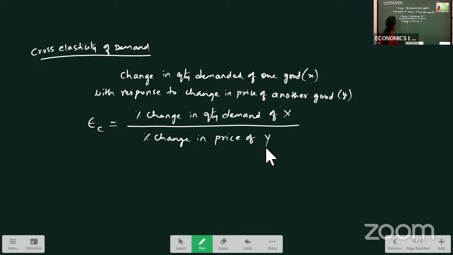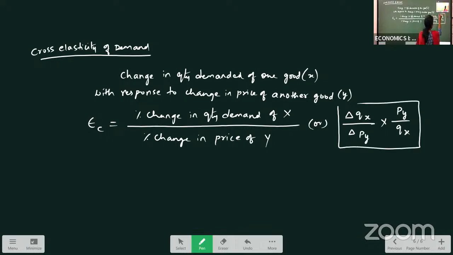Or another formula you can write over here: delta Q of X by delta P of Y. Delta means change, old minus new values; if you do, you will get the value here, into Py by Qx. So this is the formula for your cross elasticity of demand.